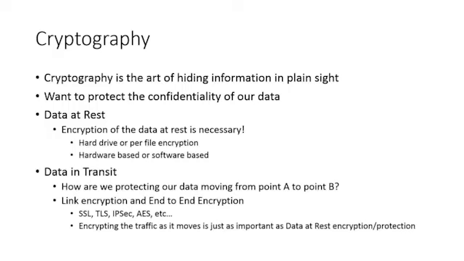Now, a couple things we can use, and again, we're going to talk about these more a little bit later, but things like SSL, TLS, IPsec, AES, all right? Lots of industry standards that we can use out there for this data communication encryption. So encrypting the traffic as it moves is just as important as data at rest encryption or that protection. People usually don't think about one or the other, right?